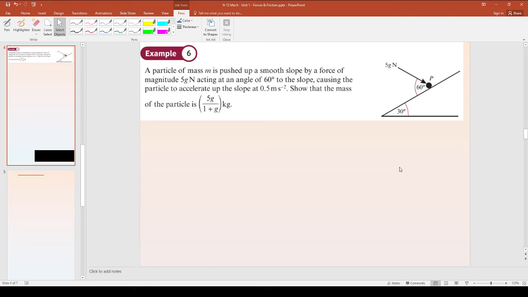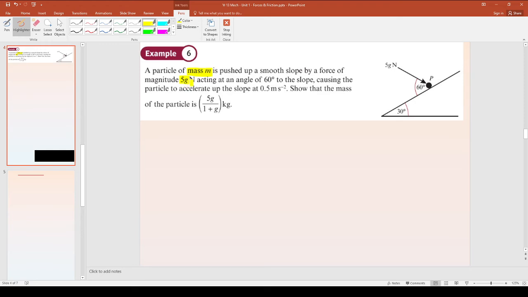Anyway, let's read through. It says, a particle of mass m is pushed up a smooth slope by a force of magnitude 5g, okay? So we're pushing it up the slope with a force of 5 times that of the acceleration of gravity, or the acceleration due to gravity. It's weird it's given in g, but this is kind of what it will be like at university.